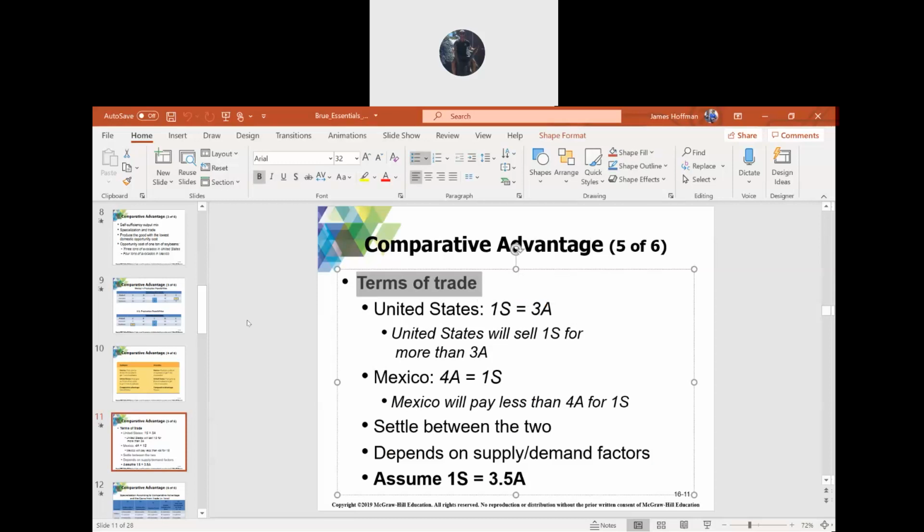Okay, so once we go through the examples and figure out who should specialize in what, then we need to determine what the terms of the trade are, like what trade would make both countries better off. Okay, and that depends. Basically, both countries have to get better than their opportunity cost, and if that's the case, then they'll make a trade.